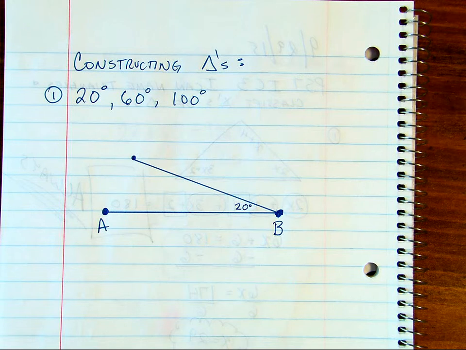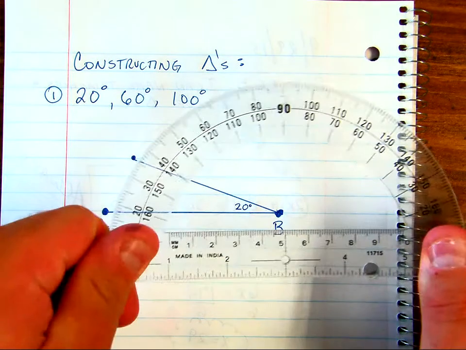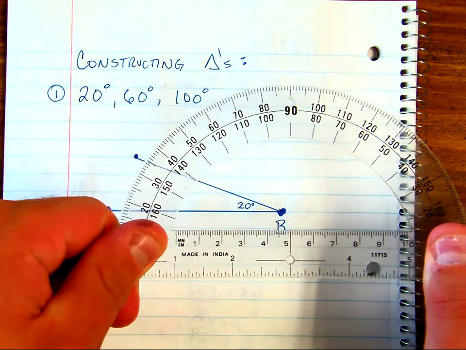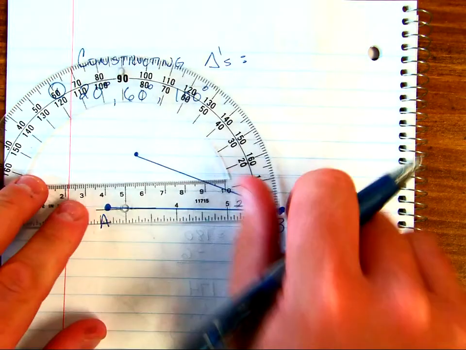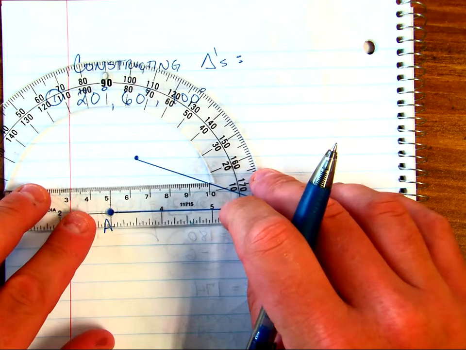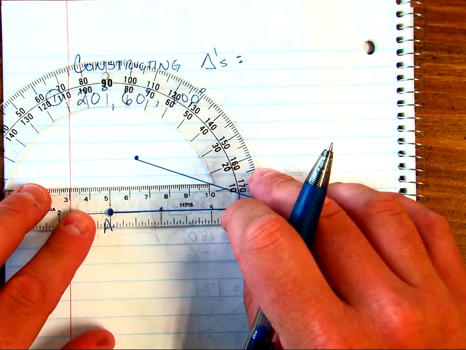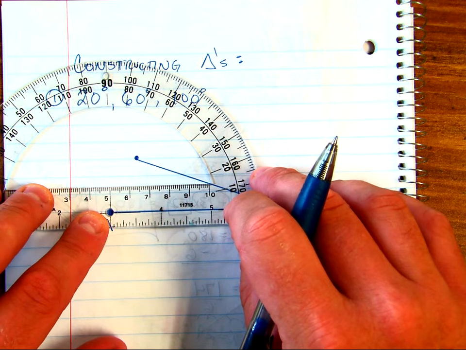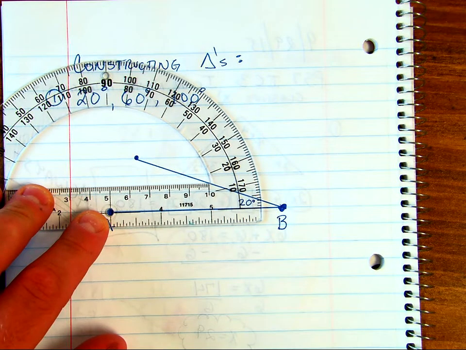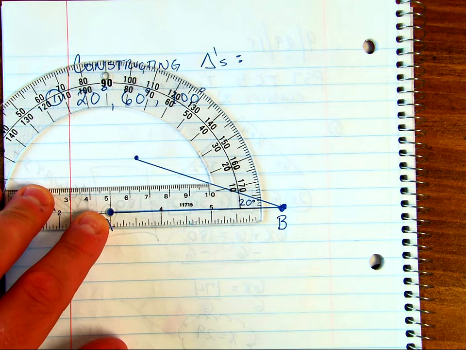Now, what does our other angle have to be? 60. So we are now going to take our protractor from point B, and now we're going to apply our protractor to point A. Does everybody see where 60 degrees is?